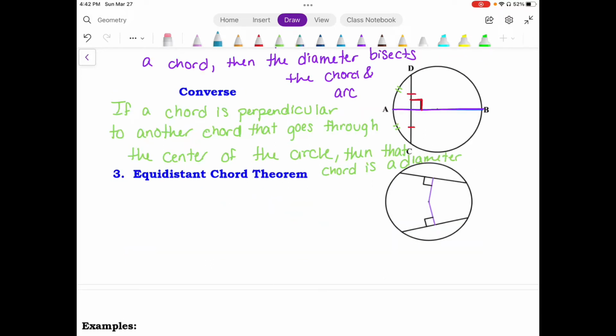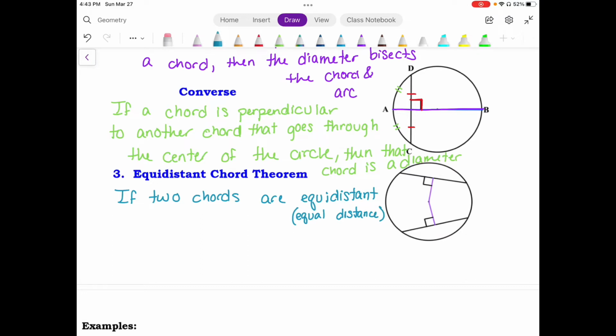Next is the equidistant chord theorem, which says if two chords are equidistant, equidistant means equal distance. It kind of sounds like equidistant, equal distance, so a good way to remember that.